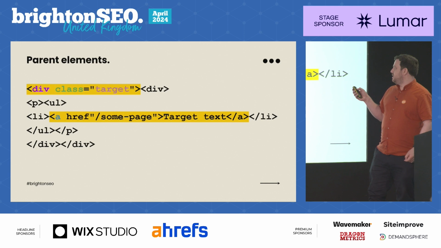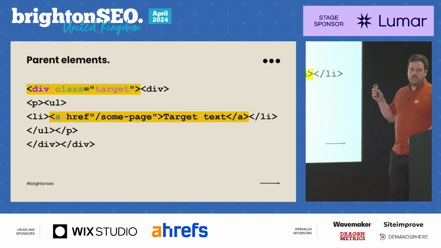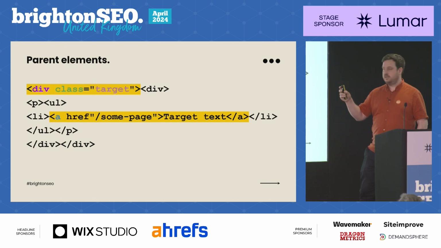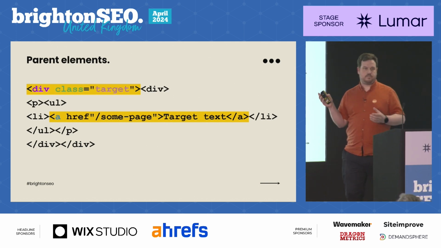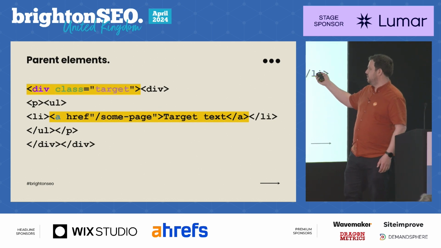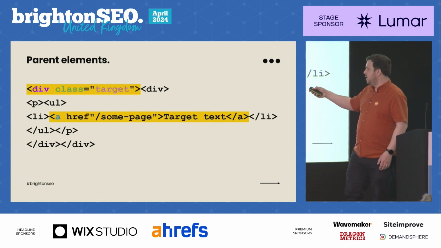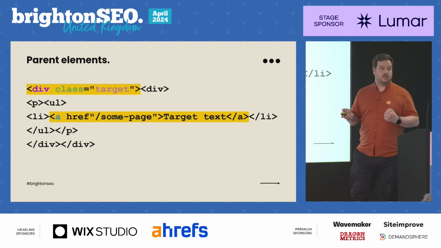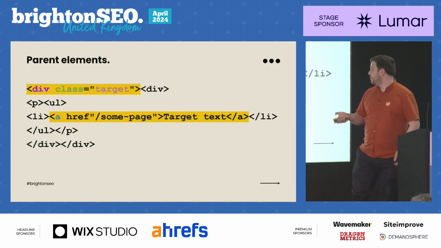Usually it is. Sometimes you might end up with an example like this, where you have HTML tags between your target div and the tag that you're trying to extract. In this case, you've got some divs, some p tags, some lists in there, so the previous example that I showed you will not work.